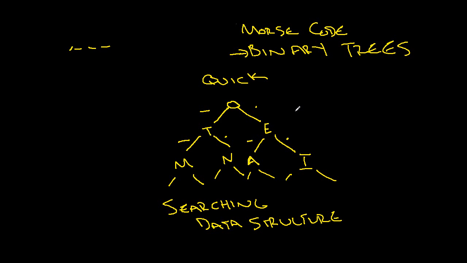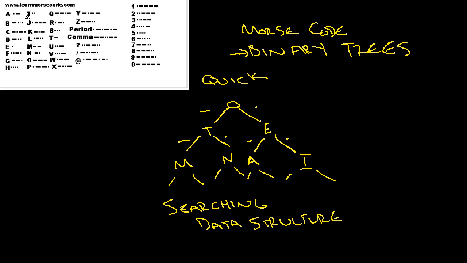We can see in the use case of the guy using a binary tree to look up the letters as the Morse code comes in, he finds it much quicker and easier to traverse the tree one signal at a time as it comes in than to get the whole message and then linearly search through all these until he finds the right one.